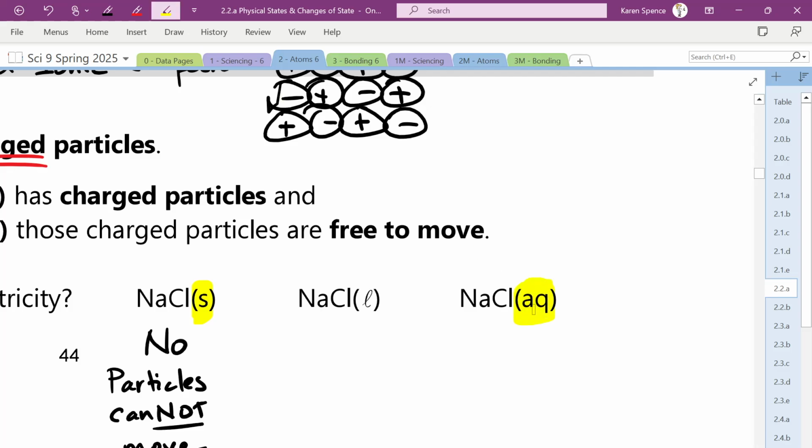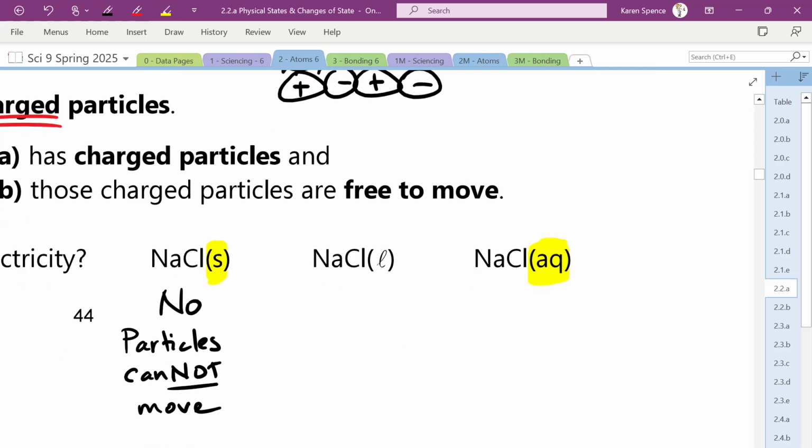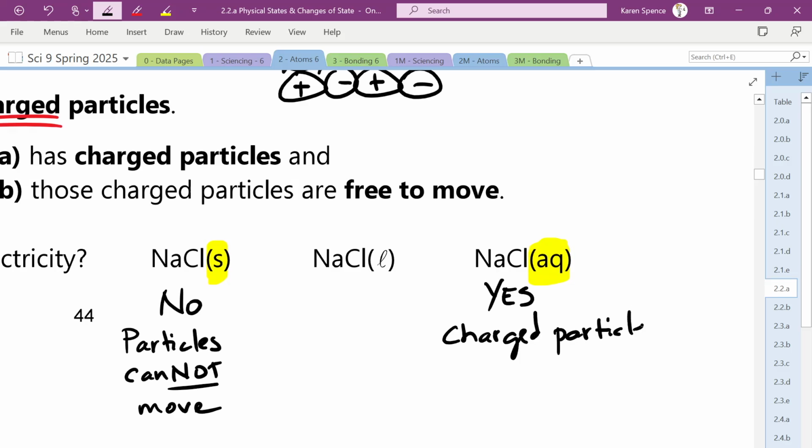Can the aqueous conduct electricity? Yes. We have charged particles, Na plus, Cl minus, and they can move.